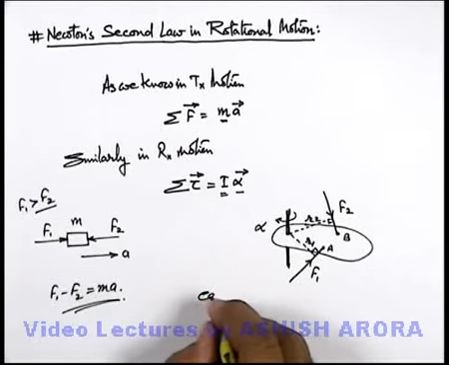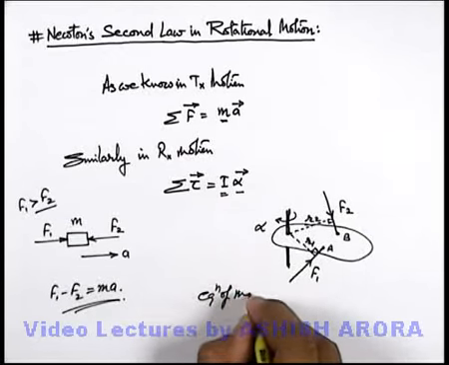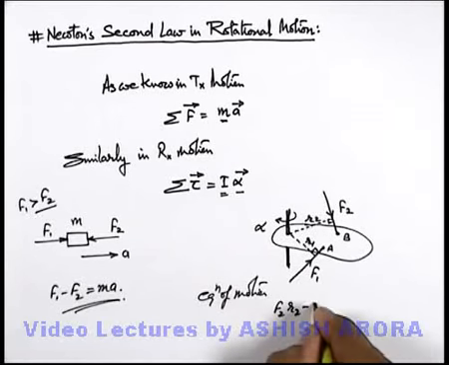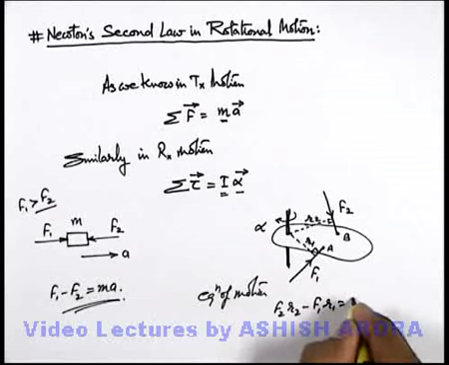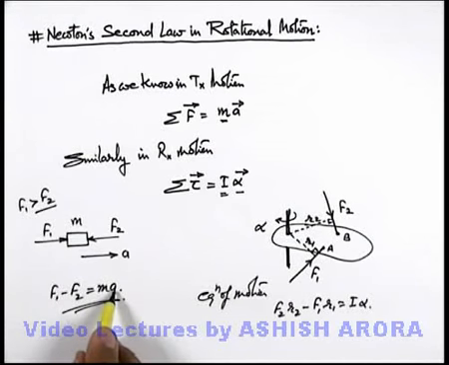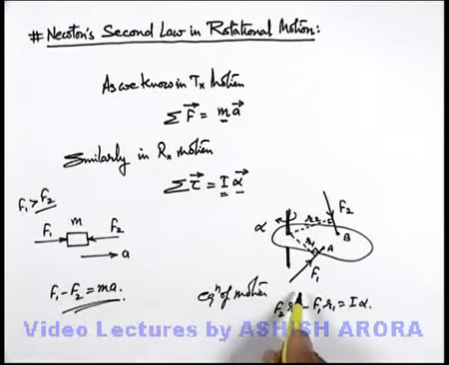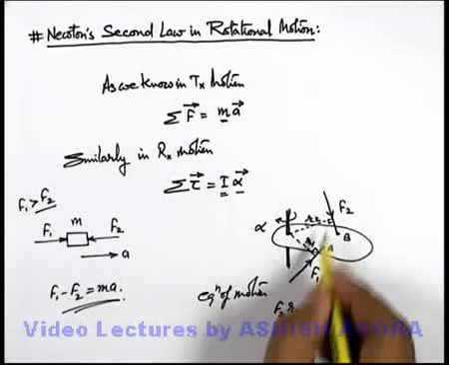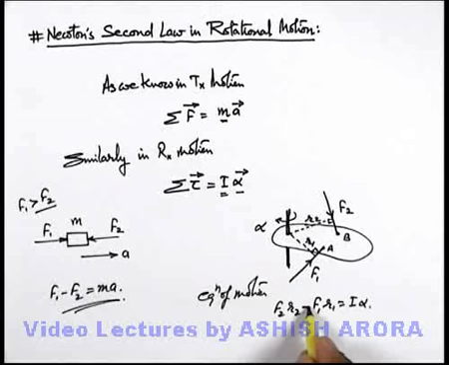Here, the equation of motion for the rigid body can be written as F2 R2 minus F1 R1 equals I alpha. Similar to this, where we write that the net force acting on the body is equal to the product of mass and acceleration, in this situation the net torque acting on the body, as the two torques are in opposite directions, we have subtracted the two.